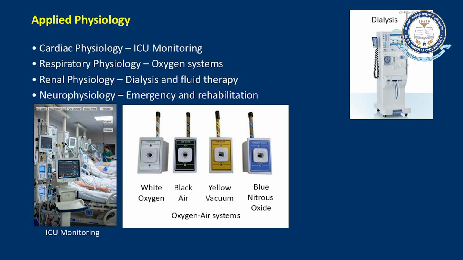Now we have the renal physiology as well, which involves a dialysis machine and fluid therapy, wherein we have to remove the toxins, remove the extra fluids and do the work that the kidney does. Yes, this is what it looks like, the dialysis machine. It has a dialyzer which can help in maintaining homeostasis.